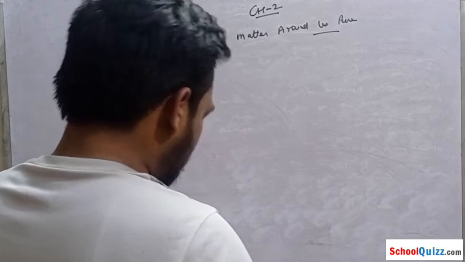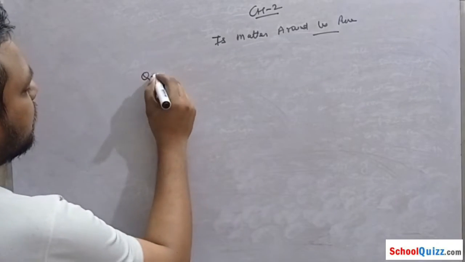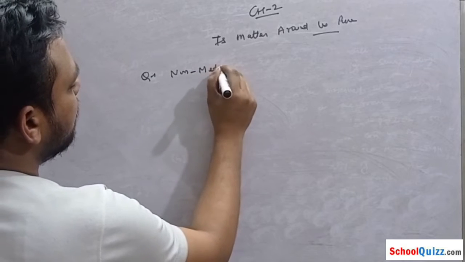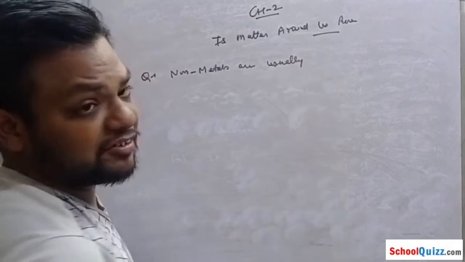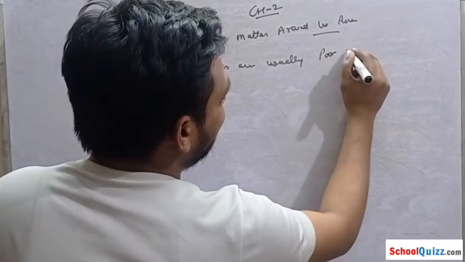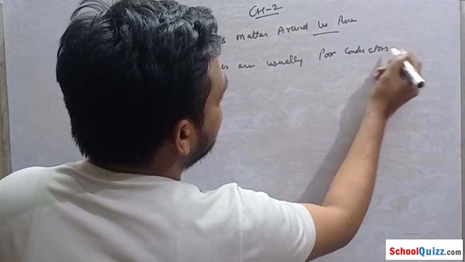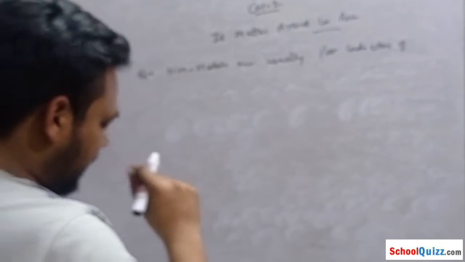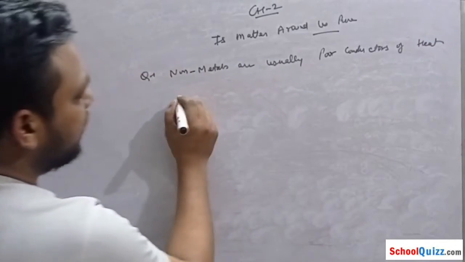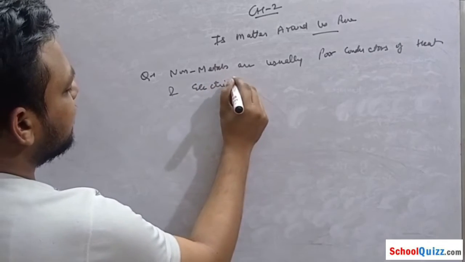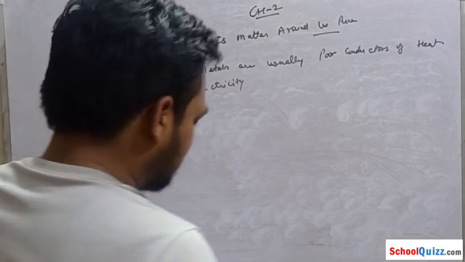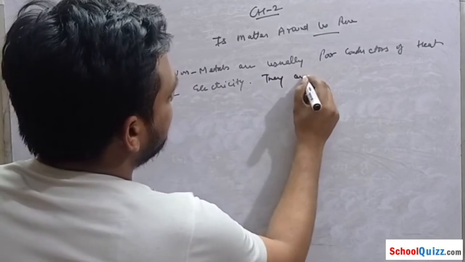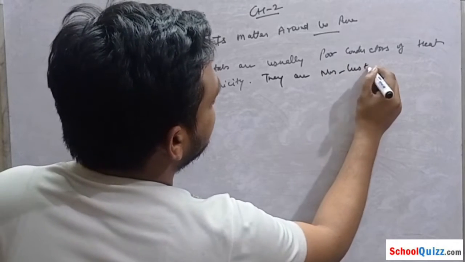As we know, non-metals are usually poor conductors of heat and electricity, and they are non-lustrous, that is, they do not have shine.